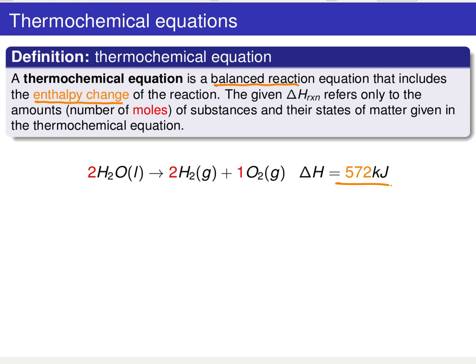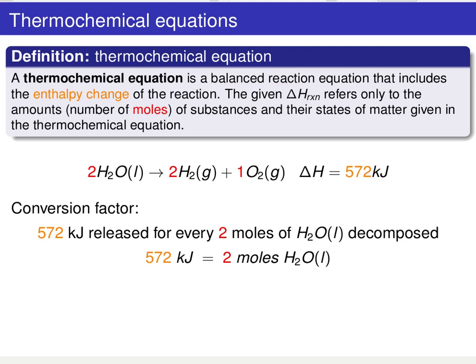And for the given delta H for a given thermochemical reaction, it's very important to remember it refers only to the amounts or number of moles of substance and their states of matter given in this reaction equation. Okay, so these stoichiometric coefficients here, and the phases of each one of the reactants and products, are both intimately tied to this value of enthalpy change, to this delta H of reaction.